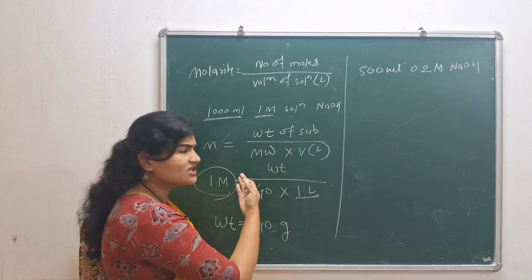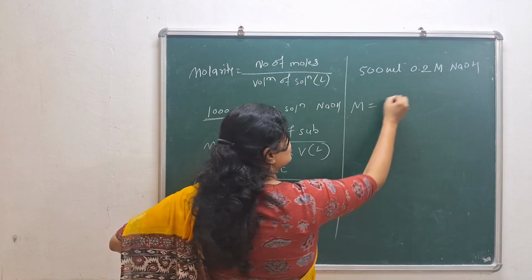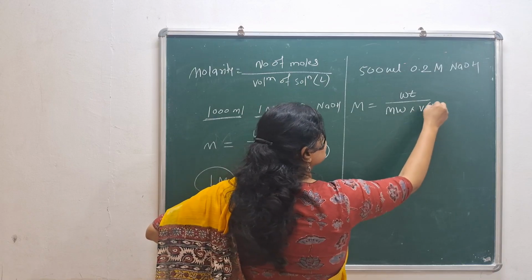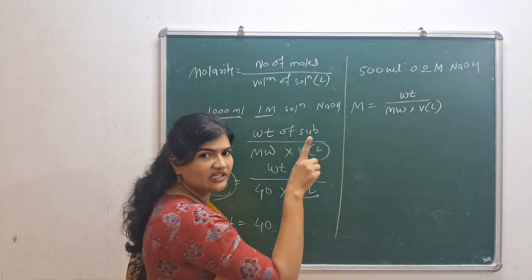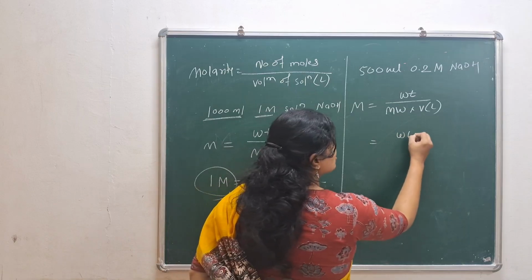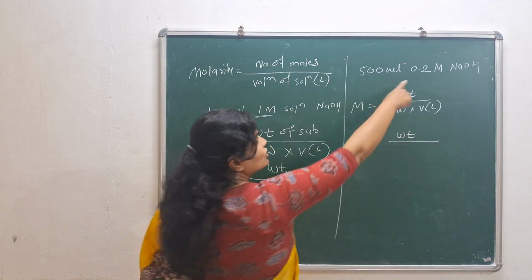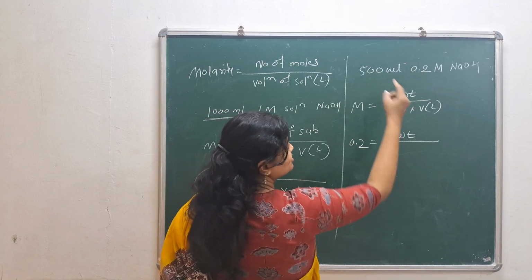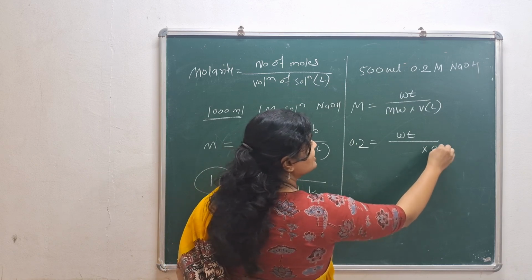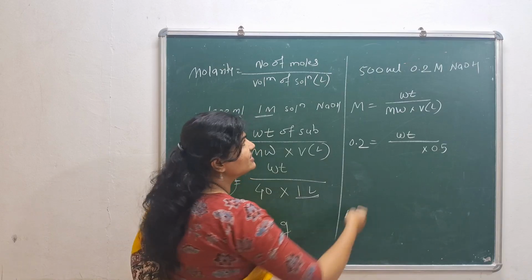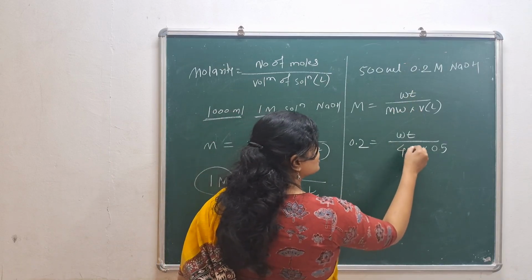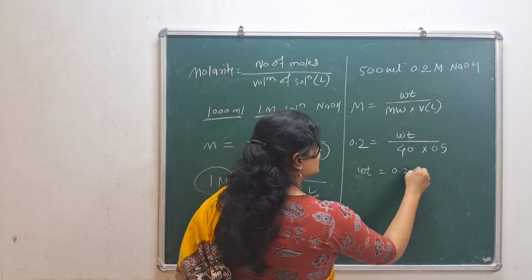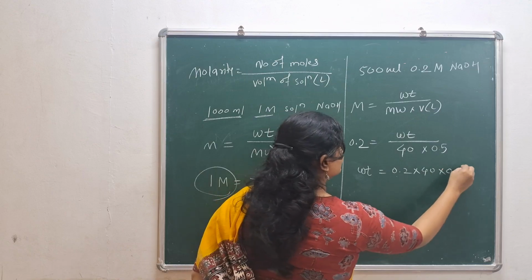Let's put the values in the formula. Molarity is equal to weight upon molecular weight into volume in liters. So what I need to find out is obviously the weight of NaOH needed in order to make 0.2 molar solution, and the given volume is 500 ml, which if I convert to liters, is 0.5 liter, and the molecular weight of NaOH I already know is 40. So if I solve it, weight is 0.2 into 40 into 0.5.